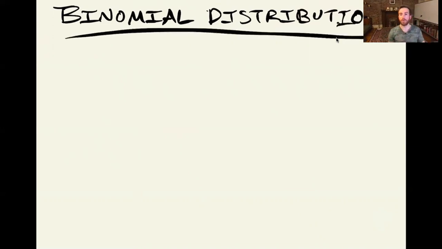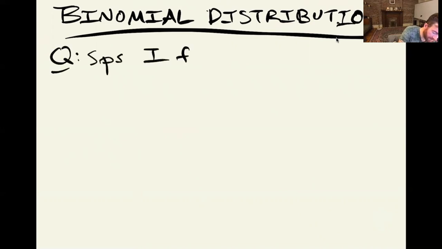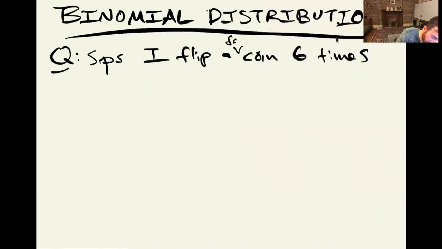I'm going to show you first the prototypical example of where the binomial distribution shows up. So here's the question. Suppose I flip the coin 6 times. I'm going to think of this as a fair coin.